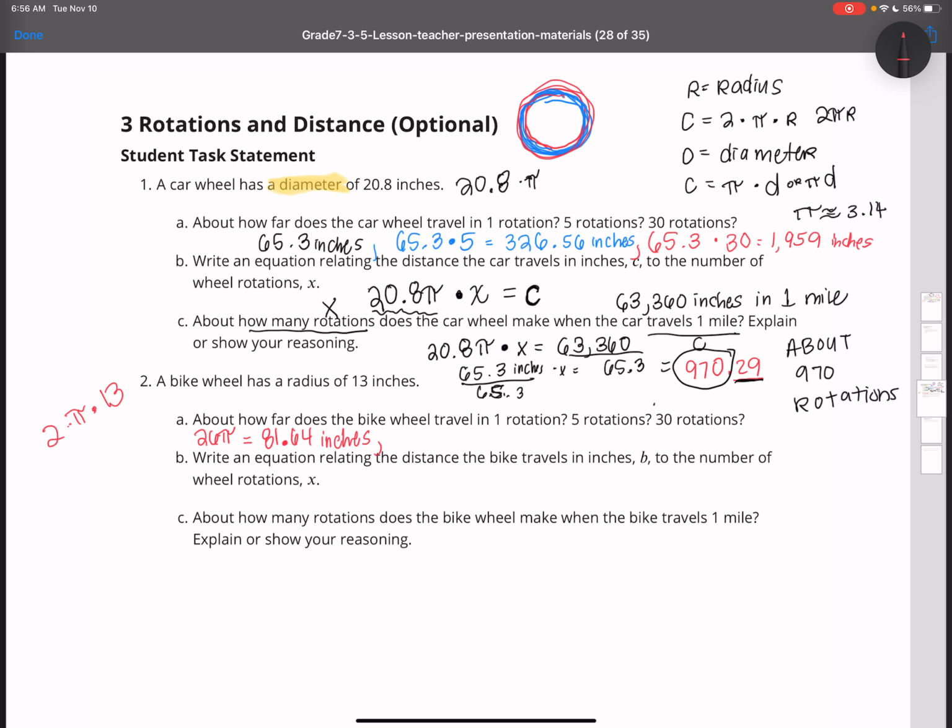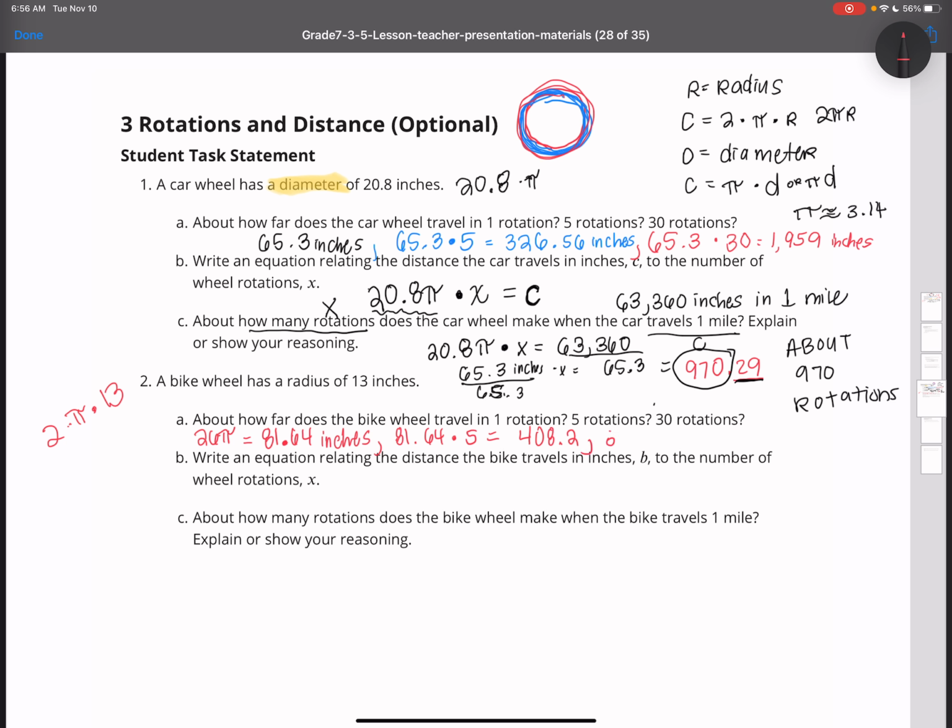Then I'm going to take this number and multiply it times 5. I'm going to write that down instead of just telling y'all, because I don't want you to wonder where this number came from. So I'm going to multiply that number times 5. And that's going to give me 408.2 or 408 and 2/10.